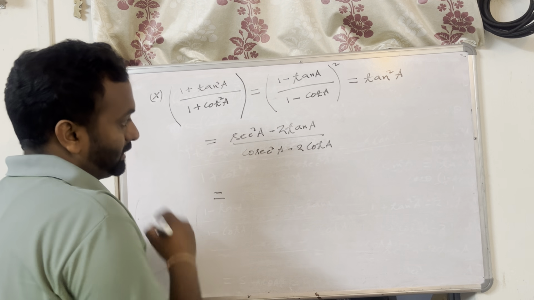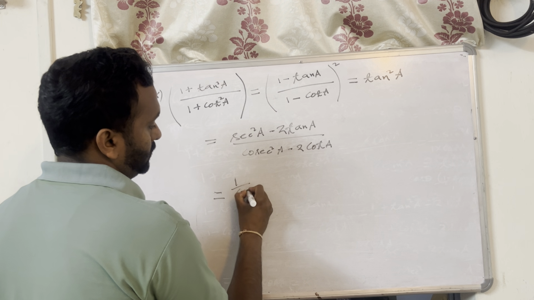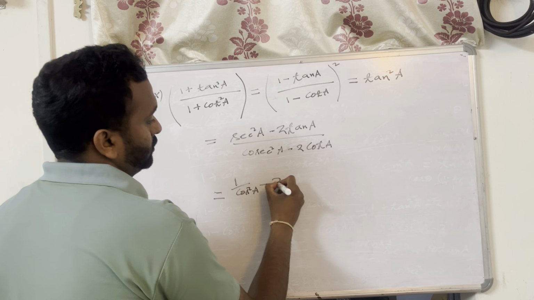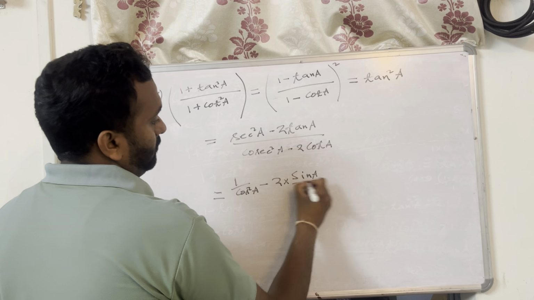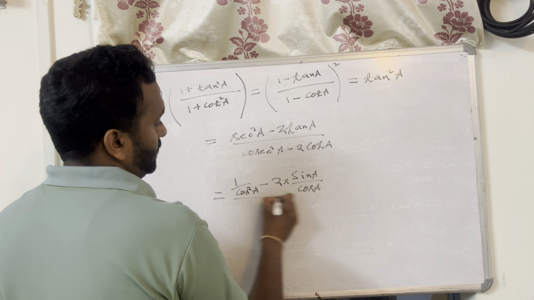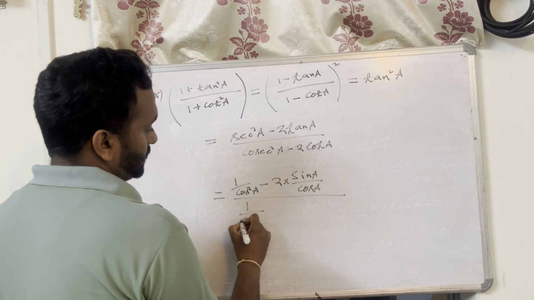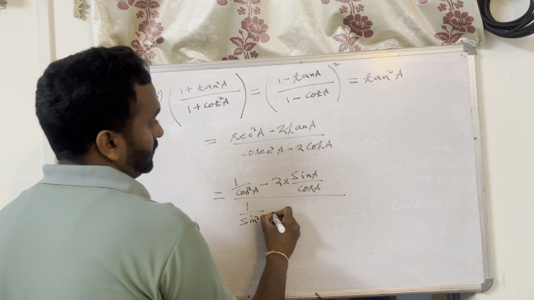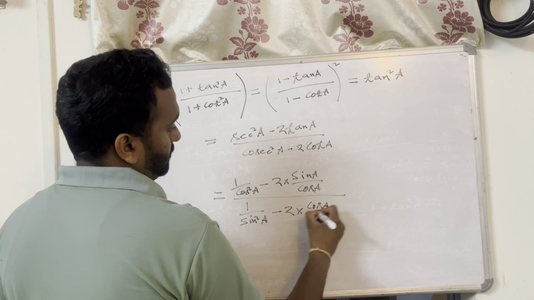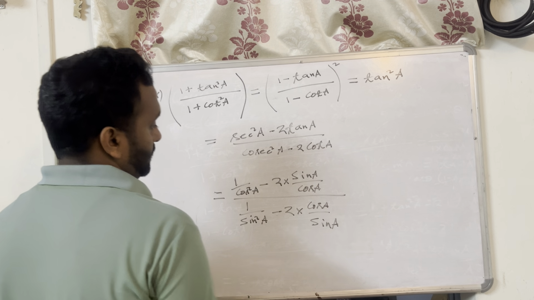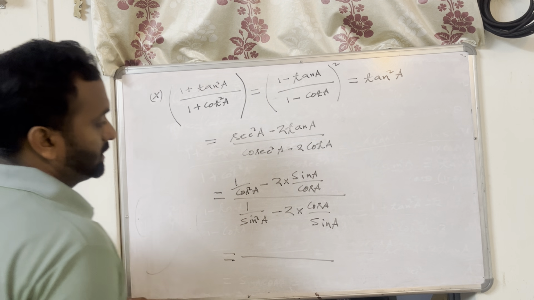See, sec square A is the reciprocal of cos square A. Yes or no? So I can write this as 1 by cos square A, then minus 2 tan A can be written as sin A by cos A, divided by cosec square A can be written as 1 by sin square A, and minus 2 cot A can be written as cos A by sin A. So look here how much we will be getting in the next step.